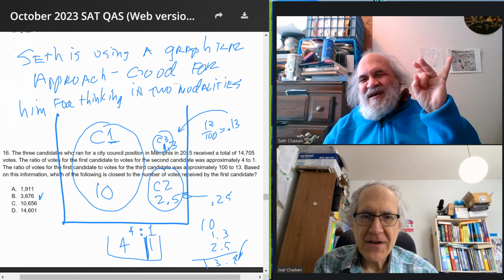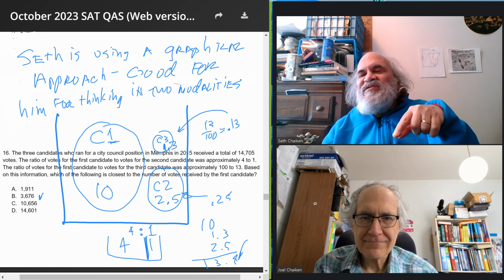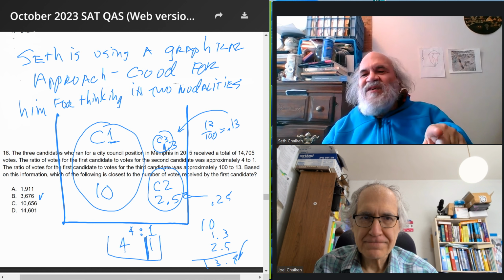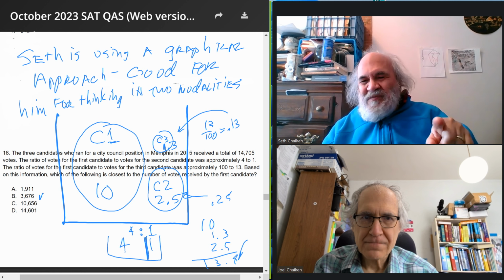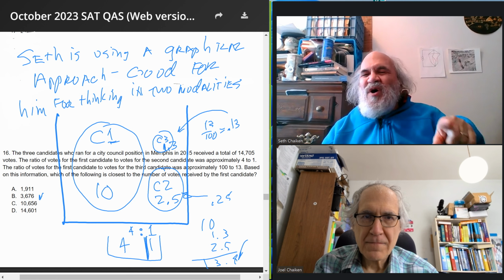So you have no idea until you're given the ratios that enable you to calculate the ratios among all the candidates, you have no idea how closely the circles fit into the pot.